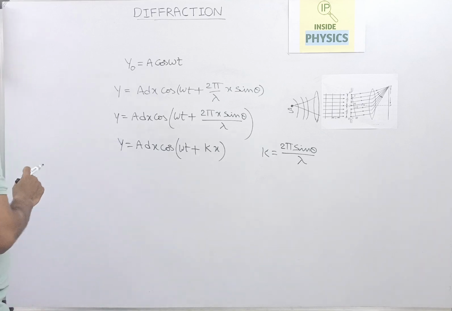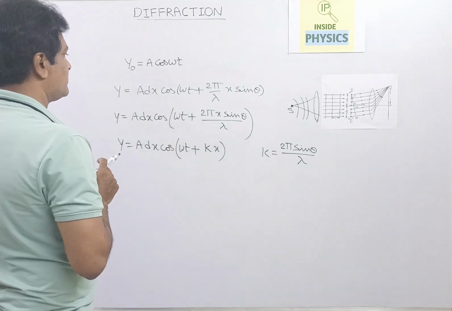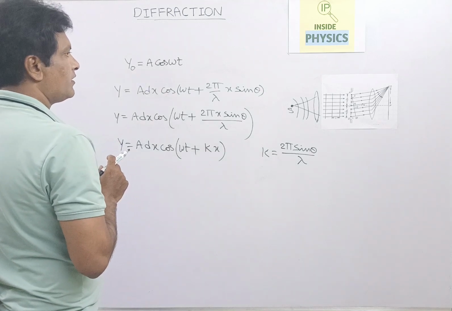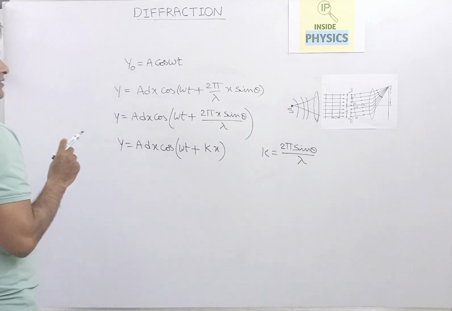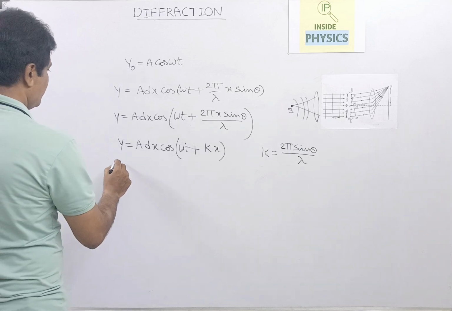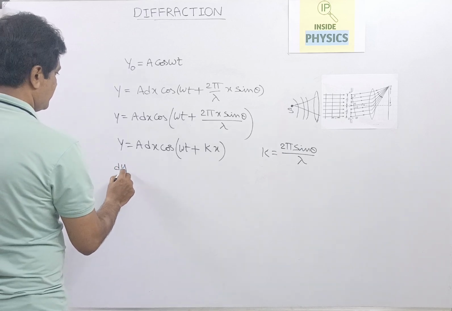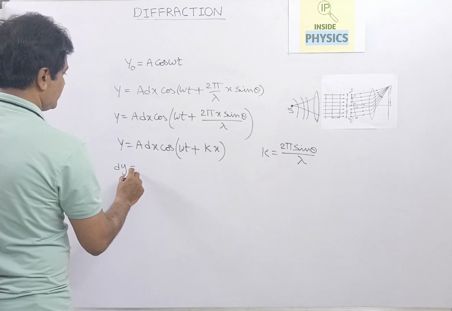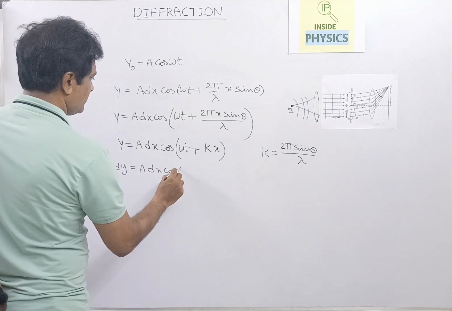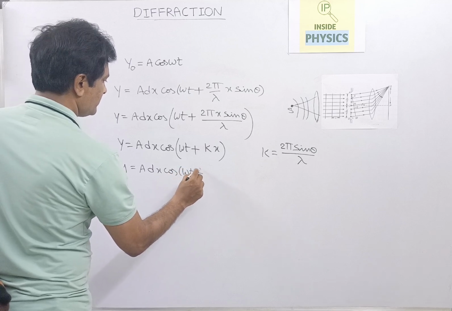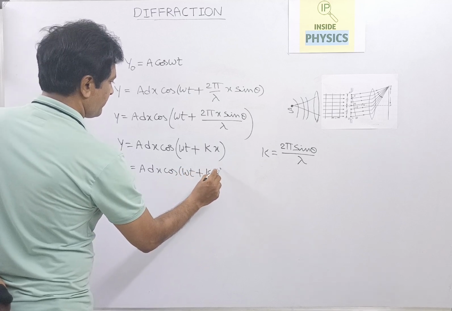If you consider the wavefront, the secondary wavefront is coming from a small aperture, a small slit width, we can consider this as dy is equal to A dx cos(omega t plus kx).